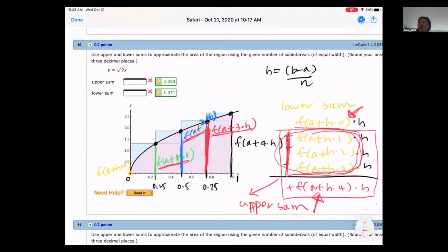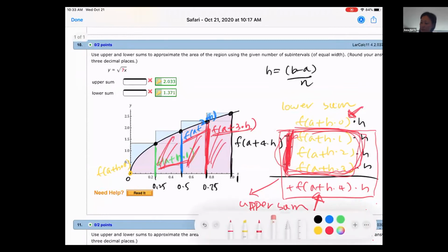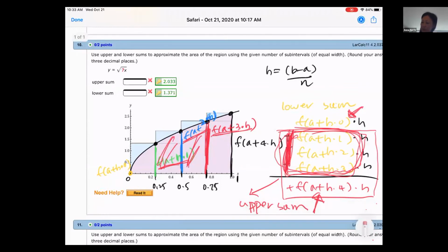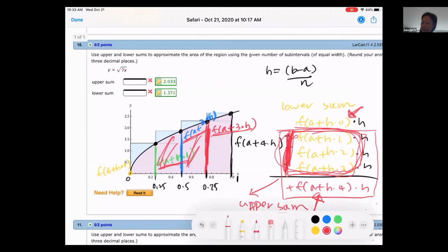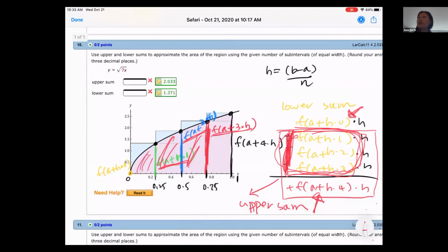That's why I didn't have to calculate this part again, because I can use it again and again since it's in the middle. Lower sum, upper sum, they both use this middle part. Excuse me, not that one, this one. Those 3 of them, you're using them. So we're using this height, that height, and that height.